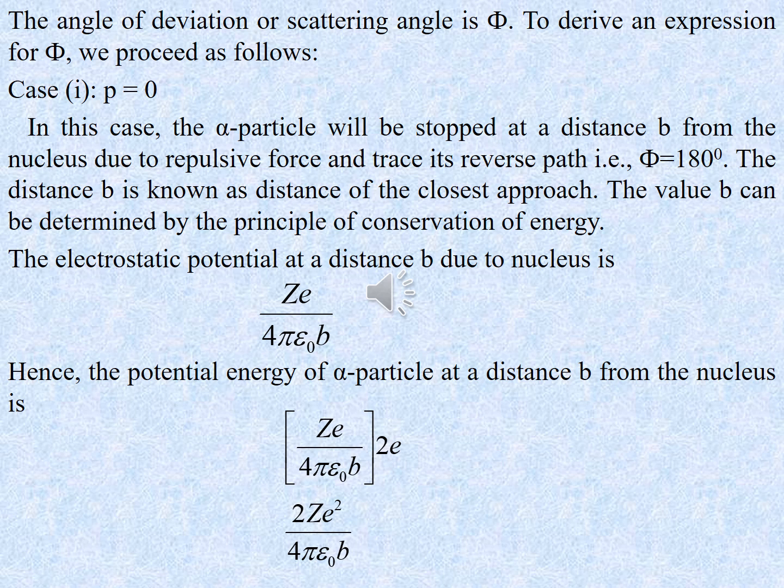The value b can be determined by the principle of conservation of energy. The electrostatic potential at a distance b due to the nucleus is Ze by 4 pi epsilon naught b. Hence, the potential energy of the alpha particle at a distance b from the nucleus is Ze by 4 pi epsilon naught b into 2e, that is 2Ze square by 4 pi epsilon naught b.